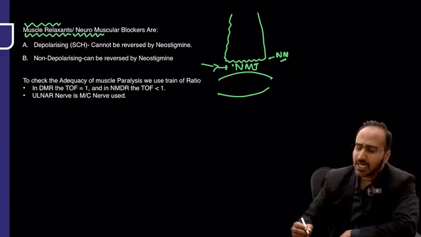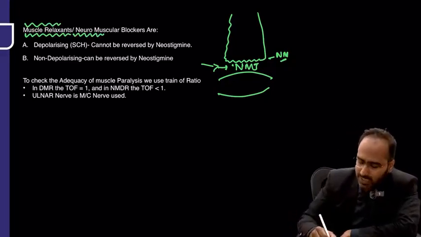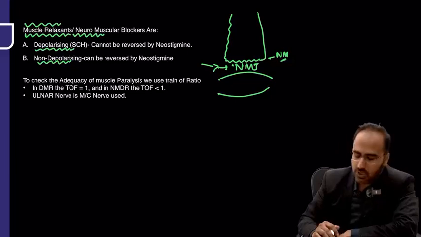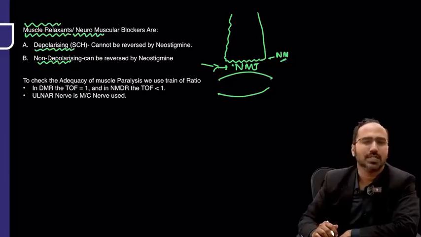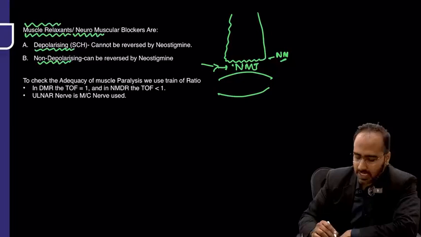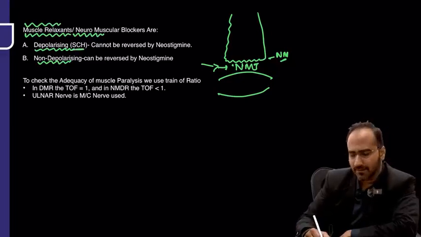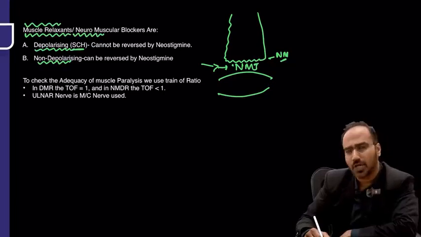So remember, guys, there are two categories of muscle relaxant. One is called a depolarizing muscle relaxant, and the other is called a non-depolarizing muscle relaxant. In depolarizing muscle relaxants, the only drug we need to remember is succinylcholine. One more drug is decamethonium, which is not used.